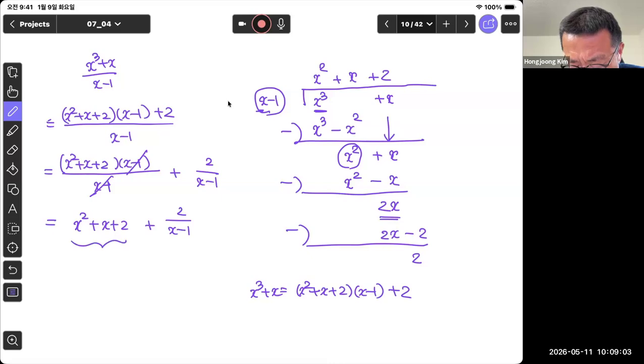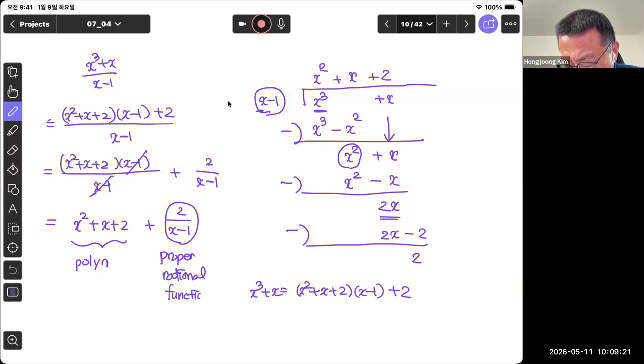So we have a polynomial x squared plus x plus 2 plus proper type rational function 2 over x minus 1.